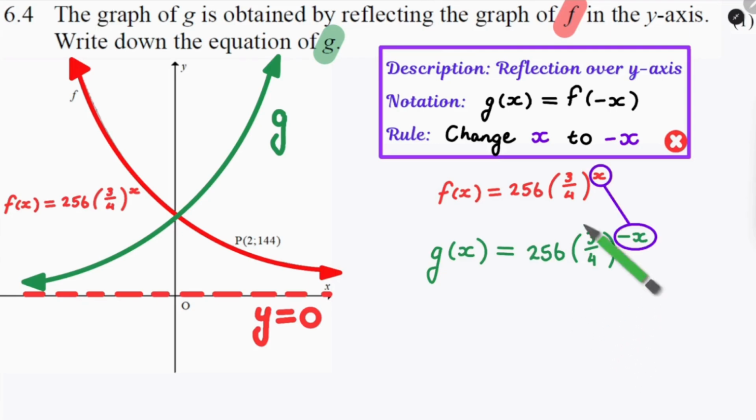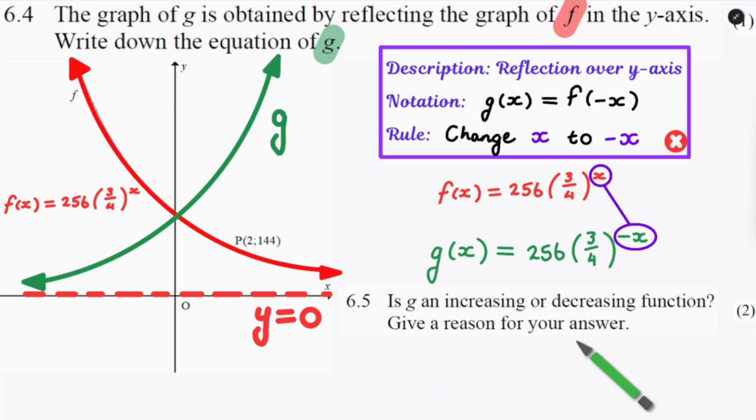We just change this x to a negative x, and then this is g of x's equation. So we use the red graph because that's the one that's being reflected, and then it's as simple as that. Next up, we need to tell them if g is an increasing or decreasing function, and just remember g is your green graph. So going from left to right, you can see we're going uphill.